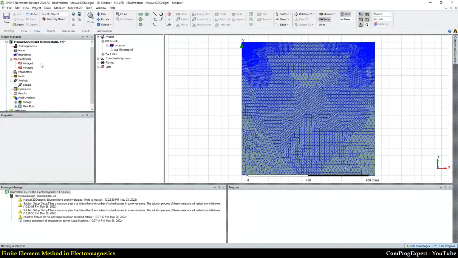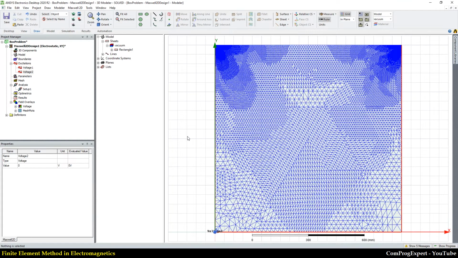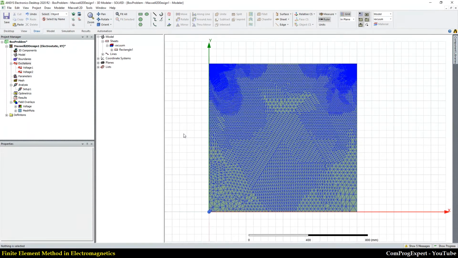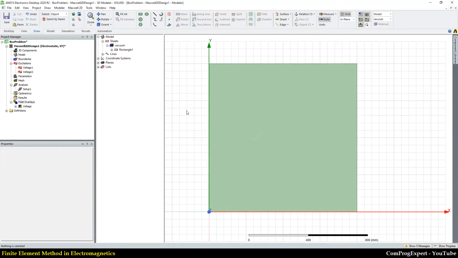So actually these two are our boundary conditions, Dirichlet boundary conditions. And as you can see here, the Dirichlet boundary condition on the boundary of this problem is a discontinuous function, right?